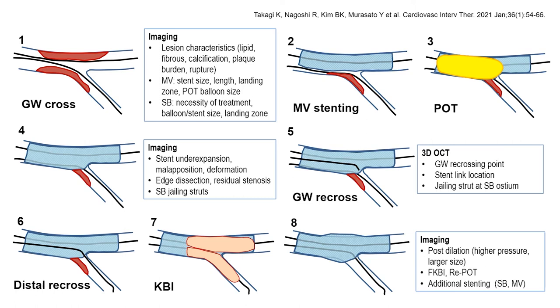After guidewire recrossing, confirmation of the guidewire recrossing point by 3D OCT is recommended. After kissing balloon inflation or side branch dilation, imaging should be done to assess final stent expansion and apposition, deformation, and the necessity of additional treatment.